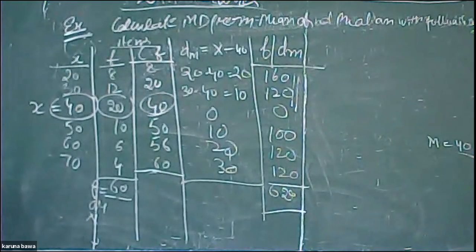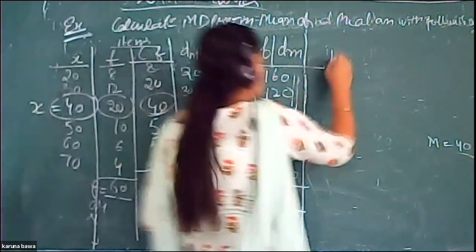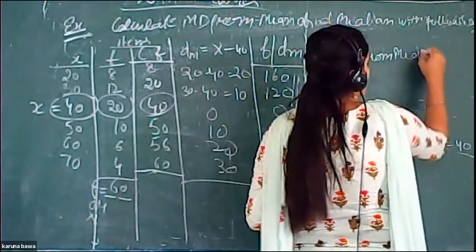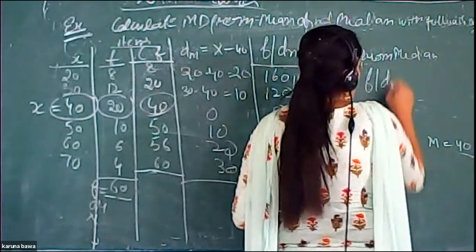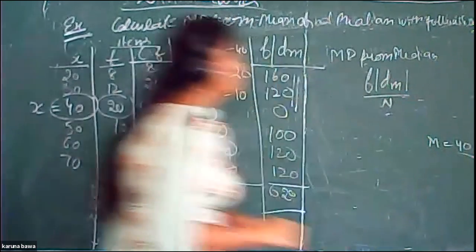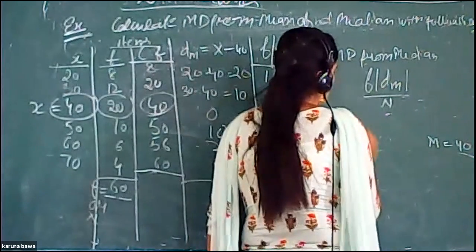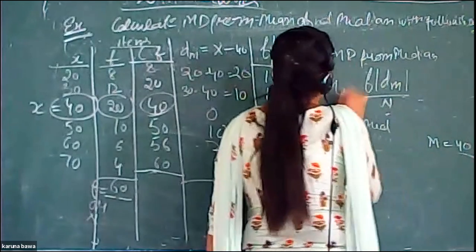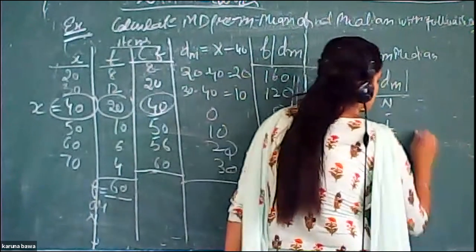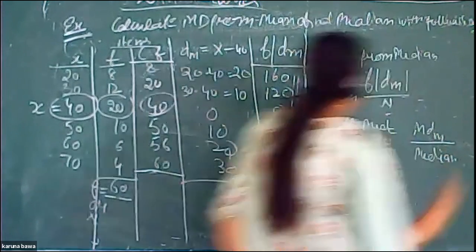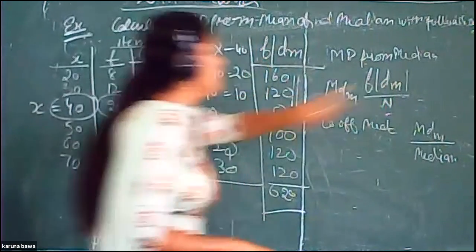So now, the formula of the discrete series, that is mean deviation from median, and the coefficient of median is mean deviation from median divided by median. First, we find the mean deviation from median.